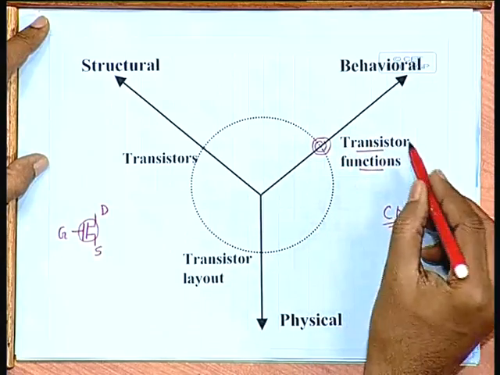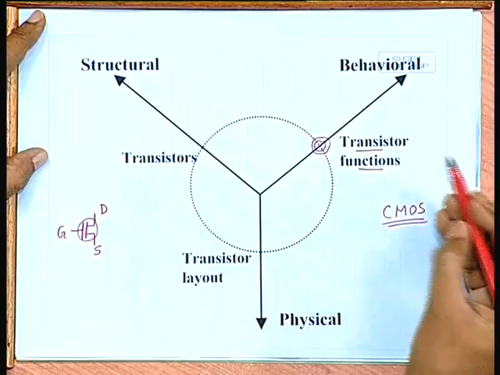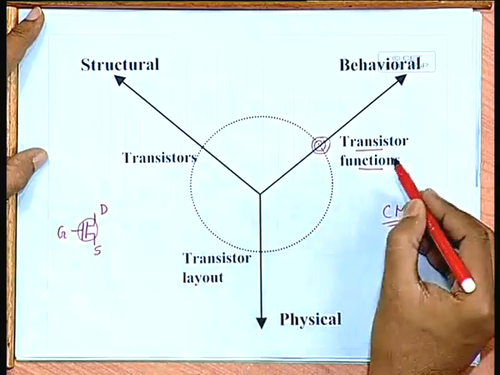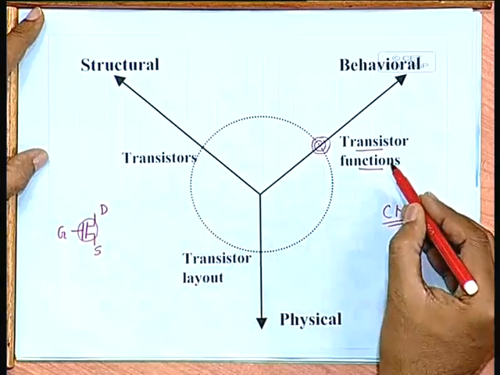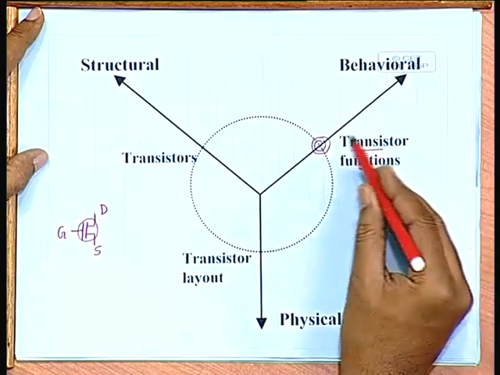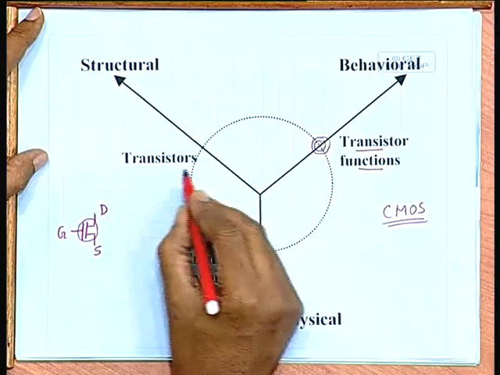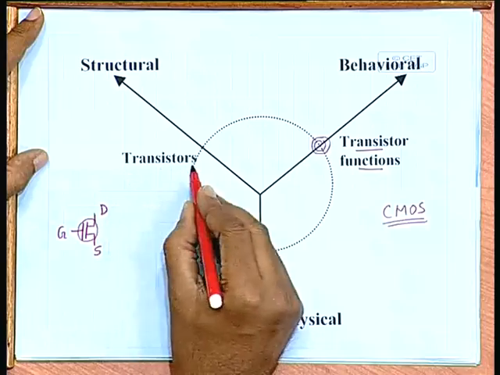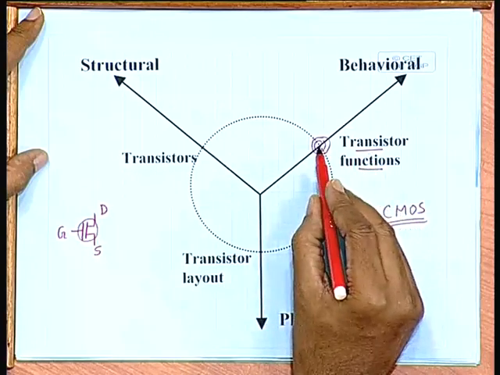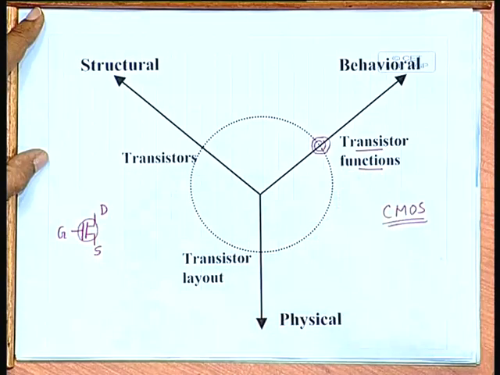So, the whole circuit is modeled with respect to the behavior of the transistors, with respect to some more simplified model. Now, from the simplified model, when you go to the structure level, we get the actual netlist of transistors which is used to implement the behavior which we specify out here.